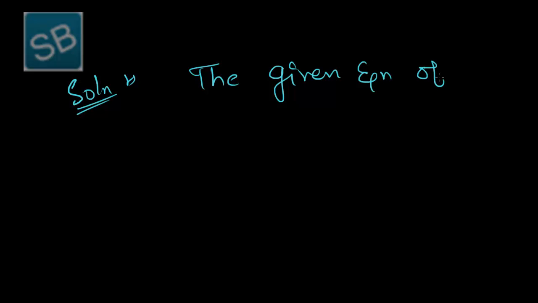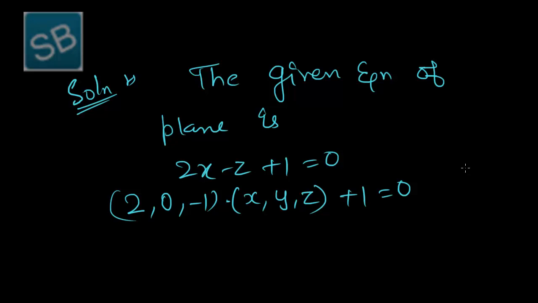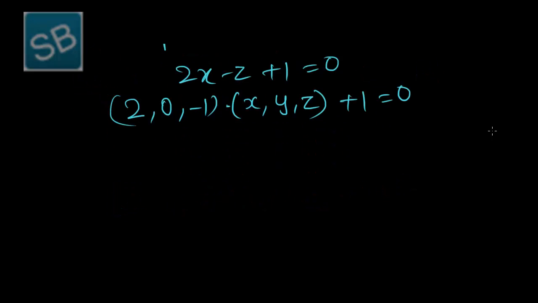Now the solution is, the given equation of plane is 2x minus z plus 1 is equal to 0. That means (2, 0, minus 1) dot product with (x, y, z) plus 1 is equal to 0. That is, a dot b or b dot a is the same.